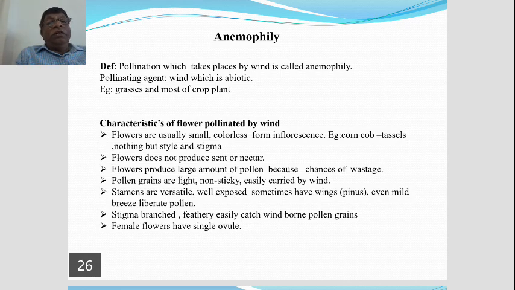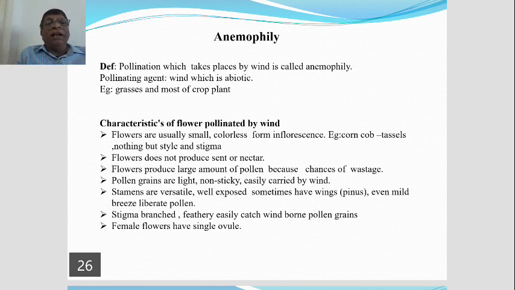So these are pollinated by wind. Okay. So here wind acts as the pollinating agent. Naturally, the flowers are adapted for this type of pollination, and the flowers show some adaptations. How are the anemophilous flowers adapted for cross-pollination?